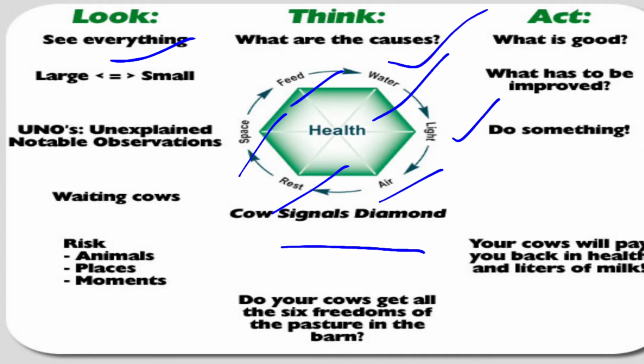Then you have to think about the root cause of that particular signal, and act in response to it, deciding what has to be improved and doing something for the betterment of animal welfare and for better performance or production from the cows.